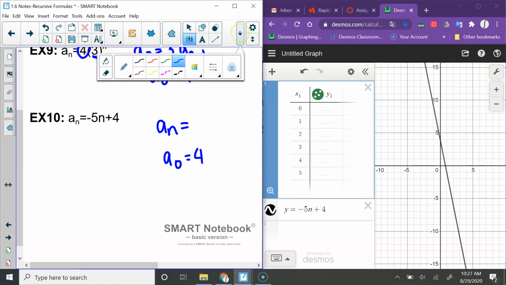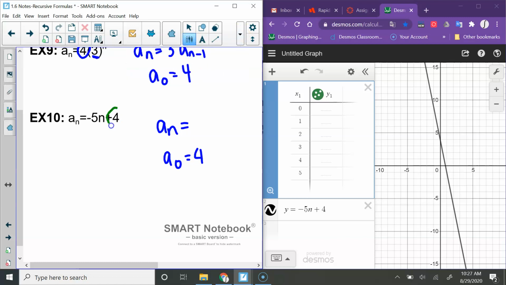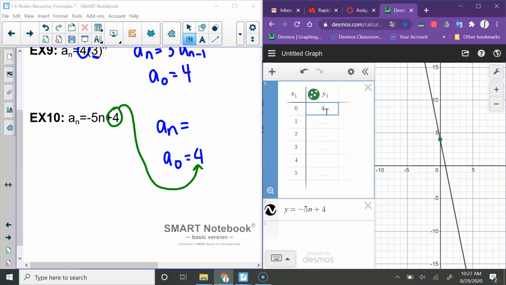So when you're talking about arithmetic sequences, that linear y-intercept right here, that is your a sub 0. And then what's happening whenever you have arithmetic sequences is we're starting at 4, and then each time we're going to subtract 5. So 4 minus 5 would give us negative 1. If we do negative 1 minus 5, that'd give us negative 6.